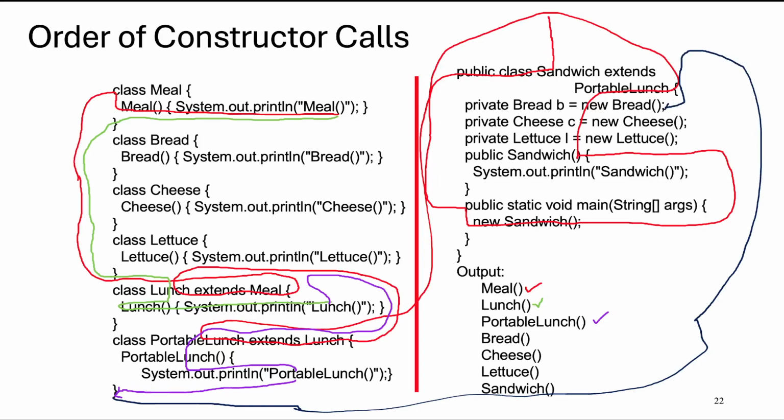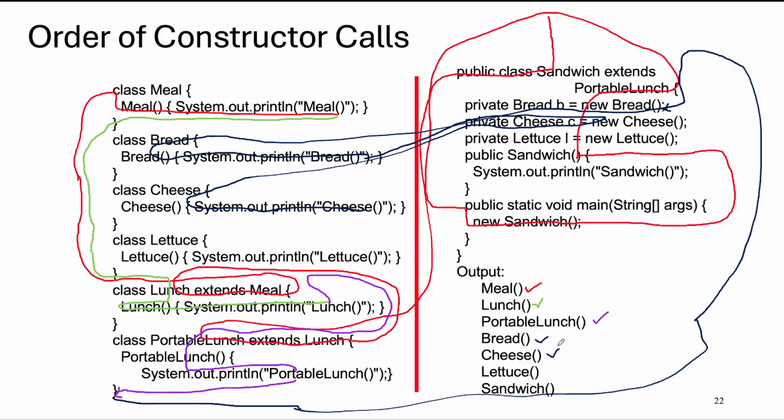Once it exits, it will visit the global variables or global objects bread. So here bread is there. So goes into the class bread, prints bread, comes back, takes cheese, enters into the cheese, prints cheese.